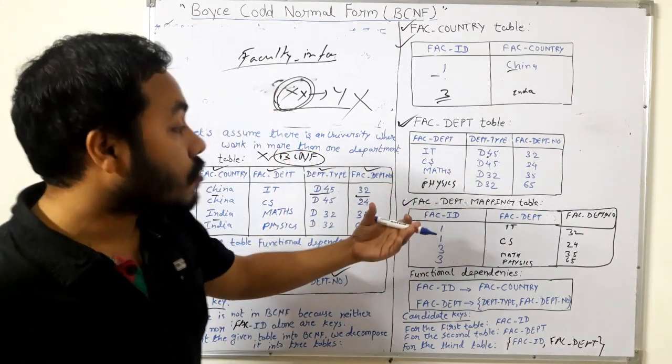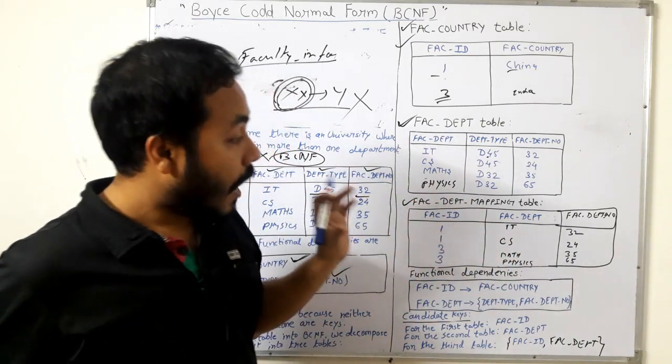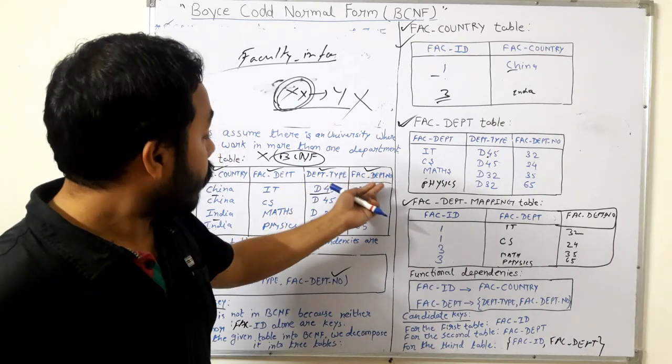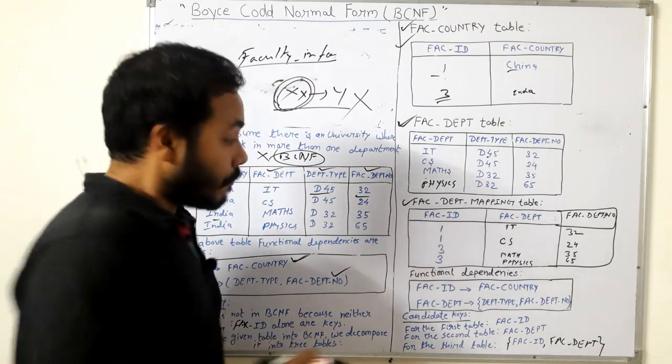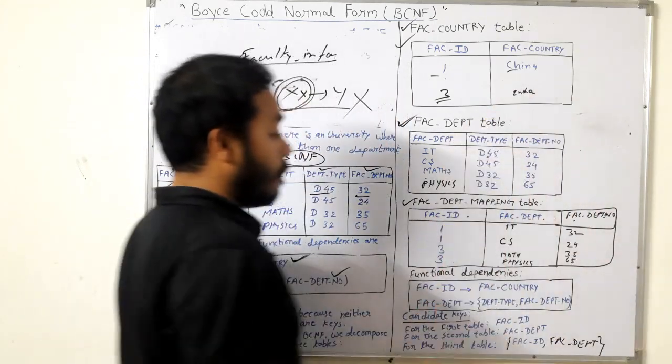If he or she belongs to one department, then the department has some characteristics like what? Department type, department number. So we need to form another table out of that. So that is faculty ID, faculty department and faculty department number.